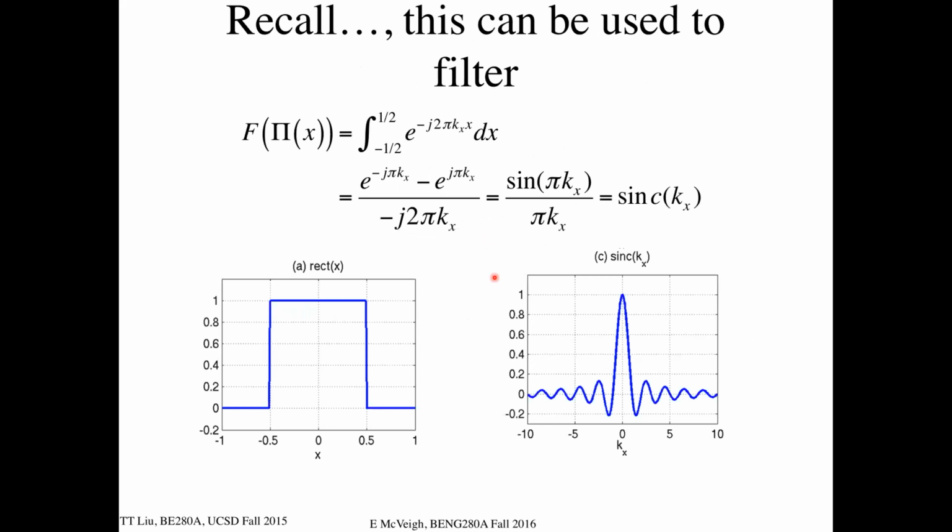Okay, filtering can be done with functions that, remember, if we think of this, this is kind of backwards. These are Fourier pairs, but if we filtered a signal with this kernel, i.e. we convolved any signal with this function, when we look in the Fourier domain, it would be like multiplying by this function.